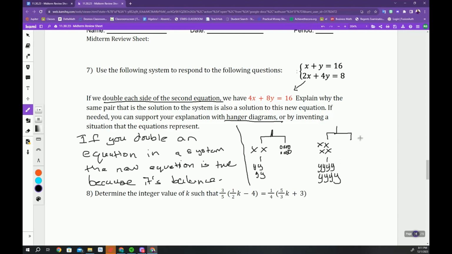And in order to keep this scale balanced, everything on the right side would also have to double. So this would become 8 units times 2, which would be 16 units: 1, 2, 3, up to 16. This is balanced.